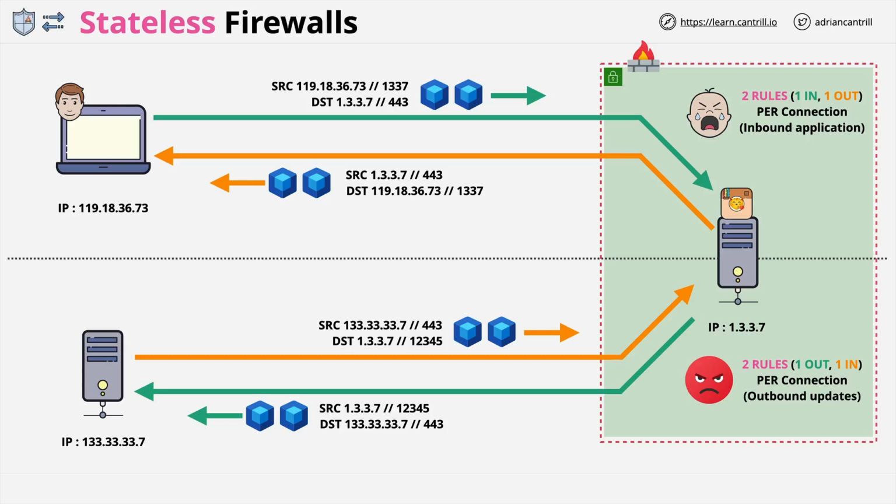Now there are two really important points I want to make about stateless firewalls. First, for any servers where they accept connections and where they initiate connections, and this is common with web servers which need to accept connections from clients but where they also need to do software updates. In this situation you'll have to deal with two rules for each of these, and they will need to be the inverse of each other.